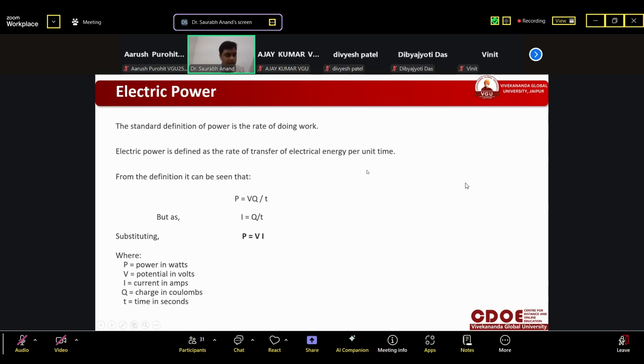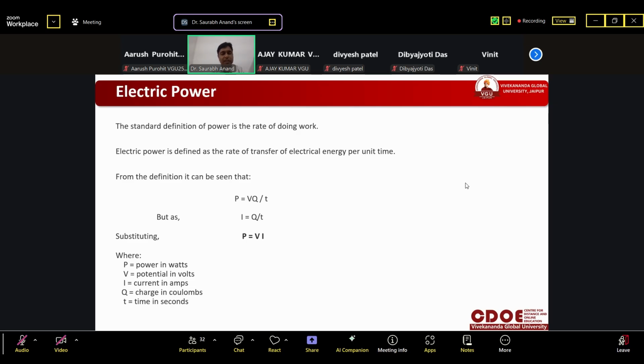So what is actually power? The standard definition of power is that it is nothing but the rate of doing work. If we are doing any task, the rate of doing that work is the power. It is also defined as the rate of transfer of electrical energy. In any circuit we are transferring electric energy from one place to another, so how much is transferred in a given time is the power, that is, per unit time.